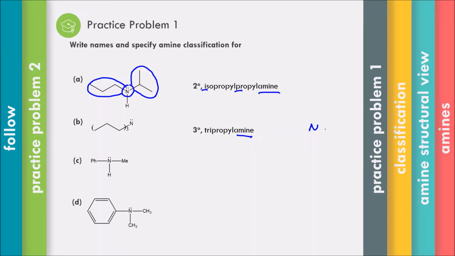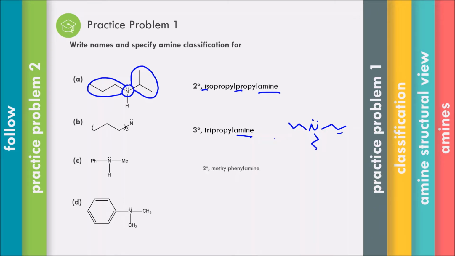So that means that this nitrogen has a 3 carbon chain attached to it, and there are 3 of them total. That's why it's propyl, and another propyl. So altogether, it's tripropylamine. You have to use tri because there are 3 propyls, and you don't want to use it separately. Instead of saying propyl, propyl, propyl, it's just tripropylamine.